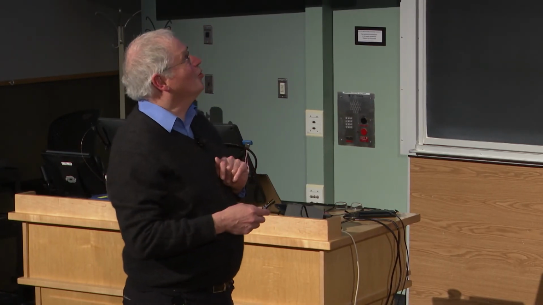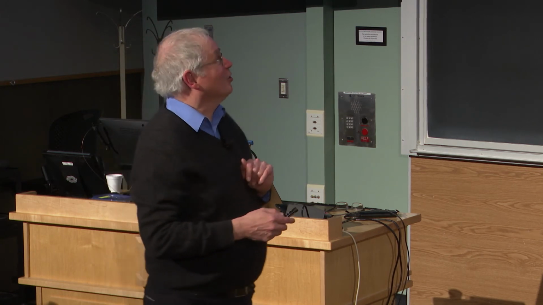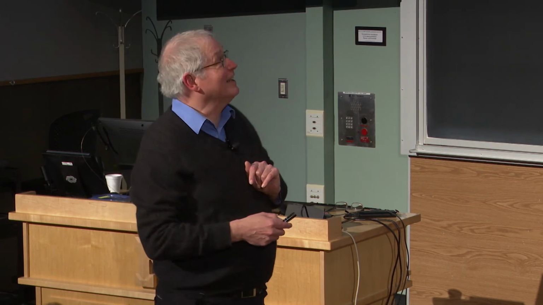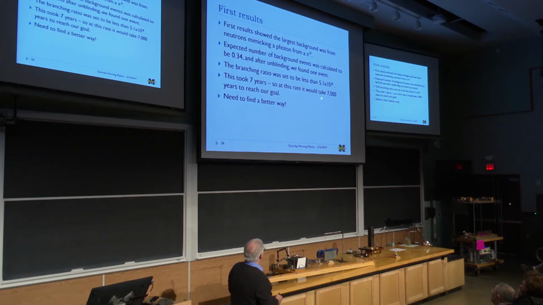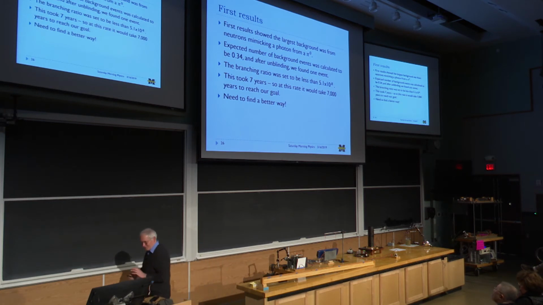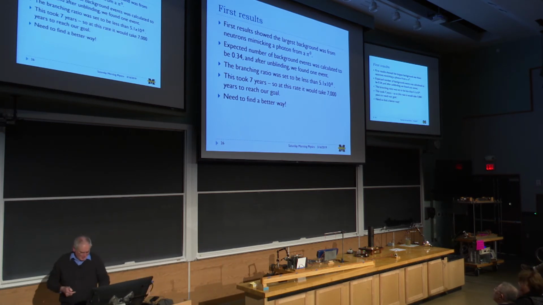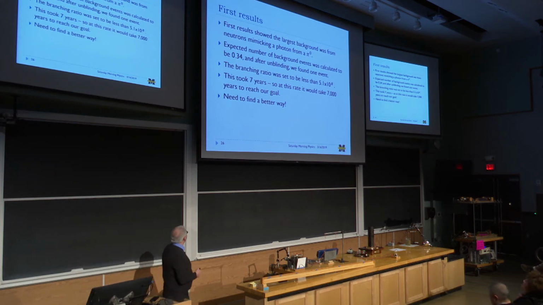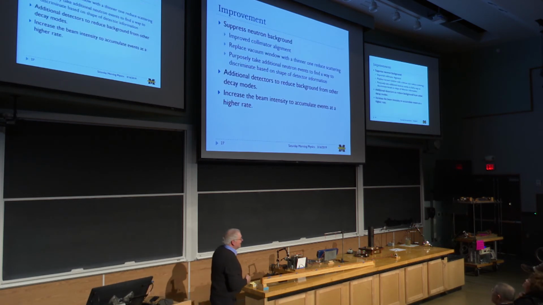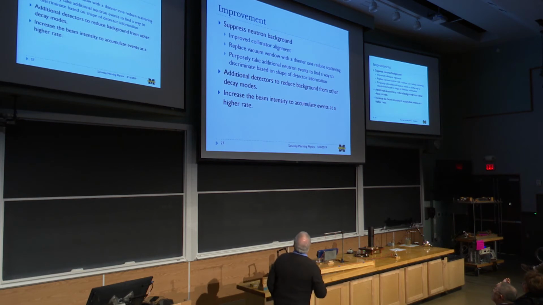So we had to work on what are we going to do, because just extrapolating, this took 7 years, and I don't know of any graduate student who has this much patience. So we're going to have to find something else to do. And the pessimists out in the community said, "We told you so." But nevertheless, we're going to keep working on this.